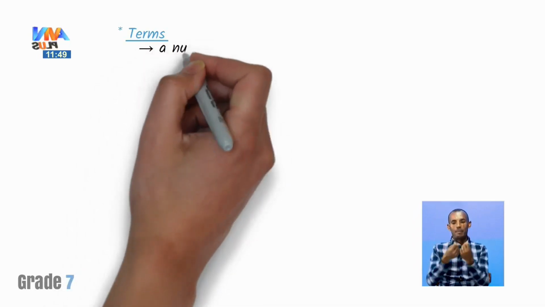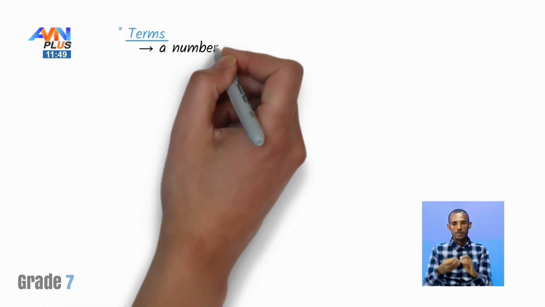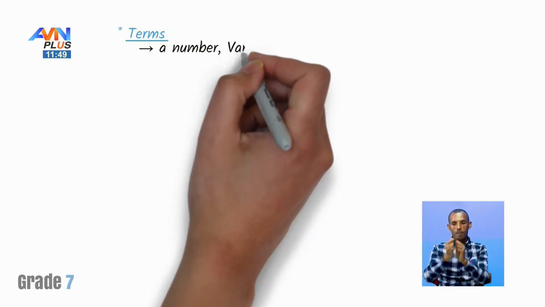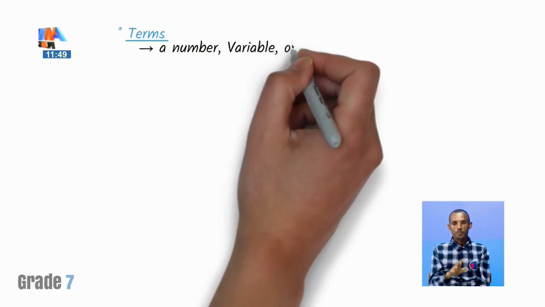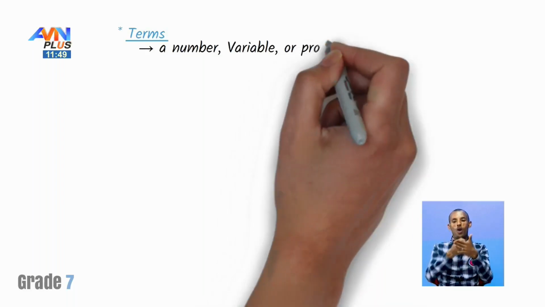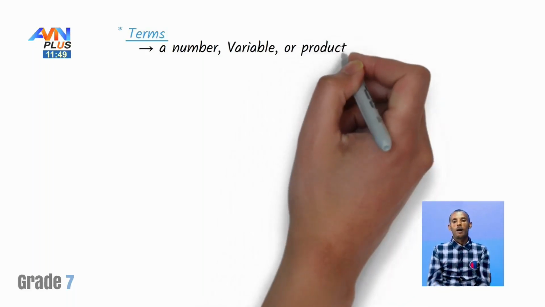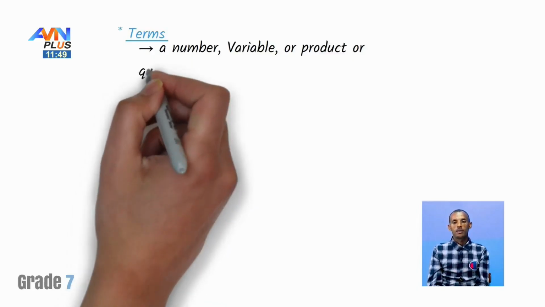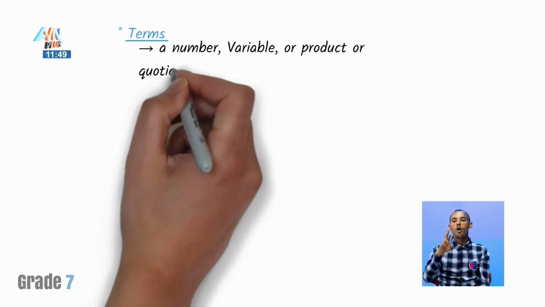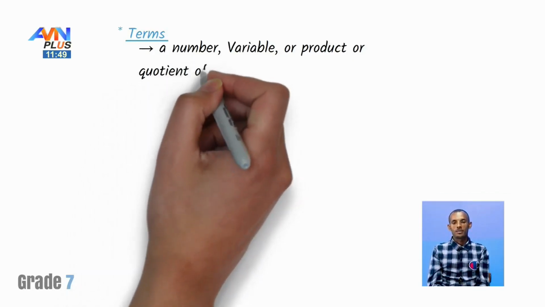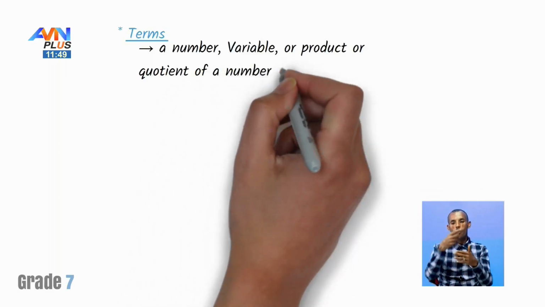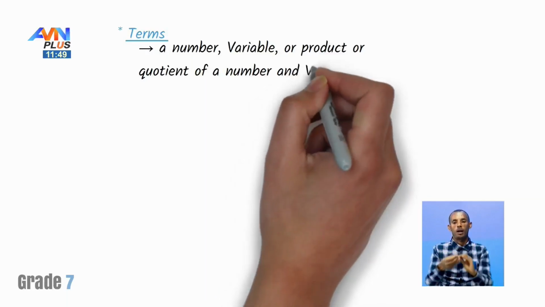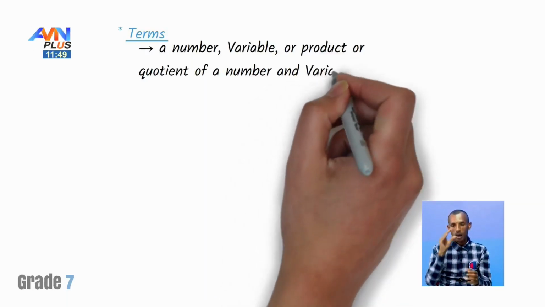A term is a number, a variable, or a product or quotient of a number and a variable.